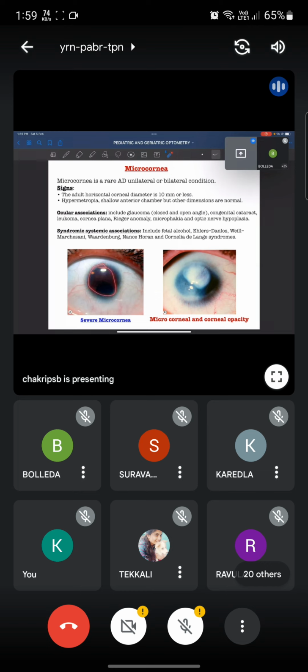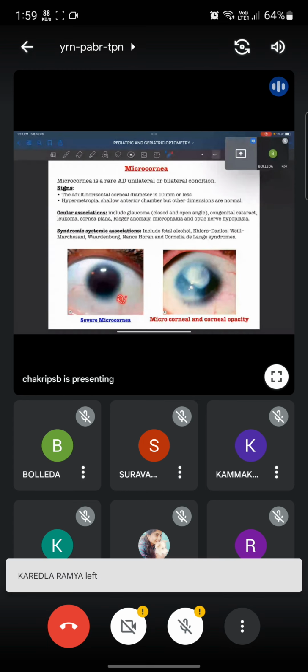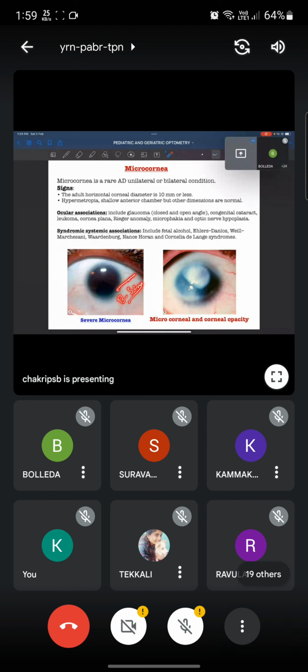This is severe microcornea. This is microcornea with corneal opacity. For this, we need to do OCT to look at the structure of the retina and its layers, and a B scan to see whether the optic nerve is fully grown or not.